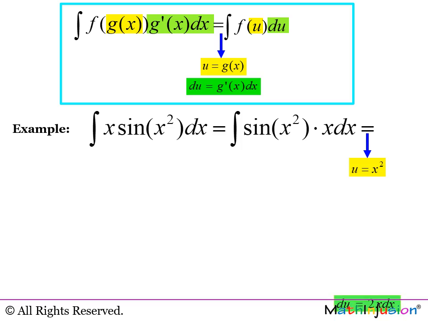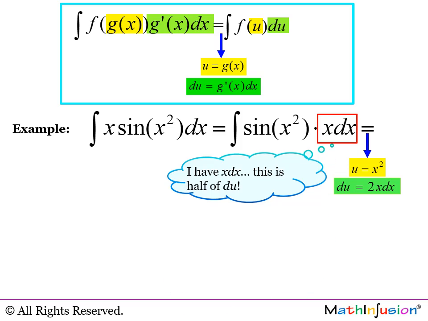Because u is x to the power of 2, du is 2x dx. But now I have a little bit of a problem here. I have x dx, which means I have not exactly the du. Oh yeah, but I can arrange that. Because if du is 2 times x dx, then x dx is du divided by 2.